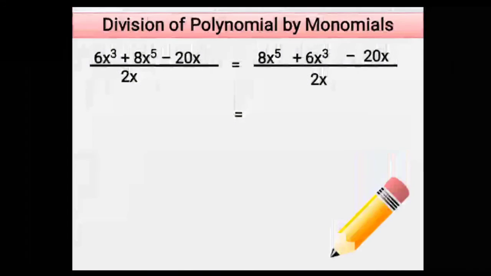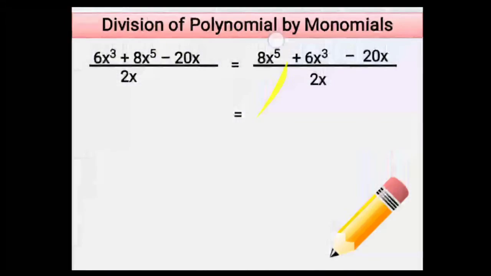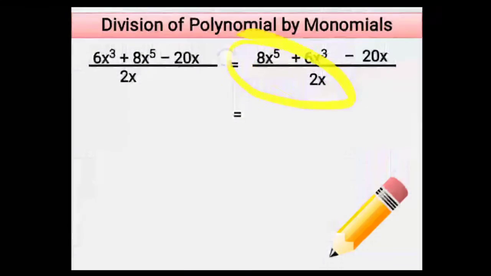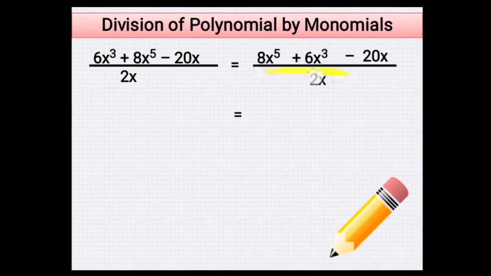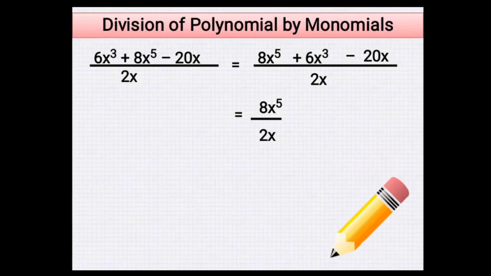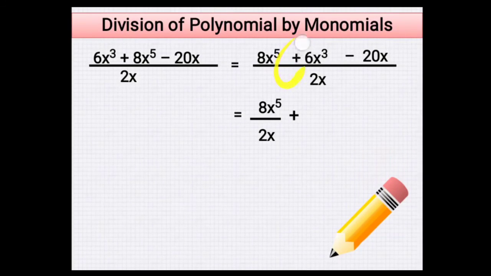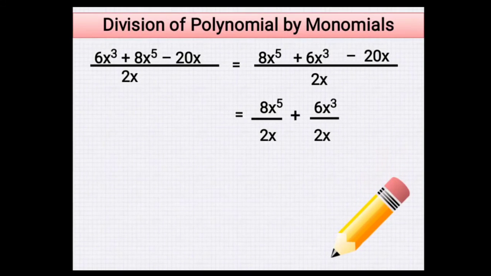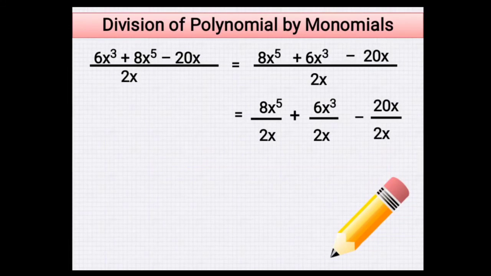Since we can divide all the terms by the given denominator, and we can divide the variable, let's divide them one by one. Let's start with 8x to the 5th power divided by 2x, followed by plus 6x cubed divided by 2x, then minus 20x divided by 2x.